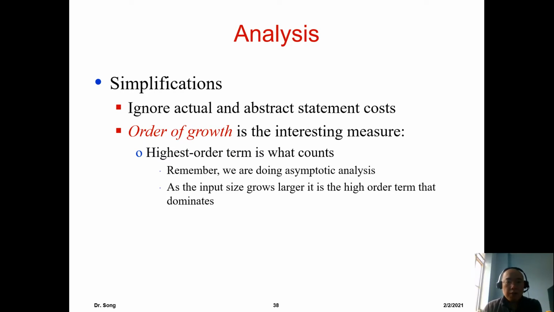So if we only have 100 values to sort, we don't do this. We don't do the timer. But we are interested in this question: if we double the input, are we gonna double the time? Or the running time doesn't change at all?